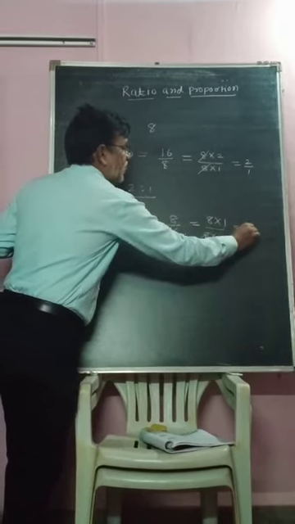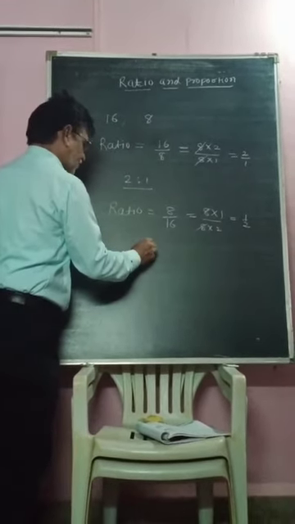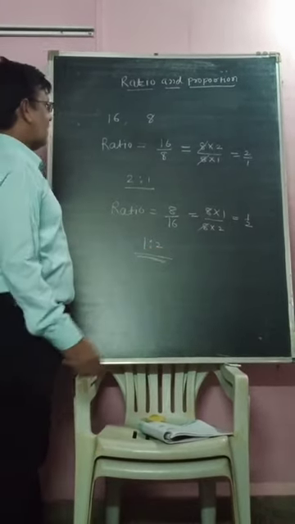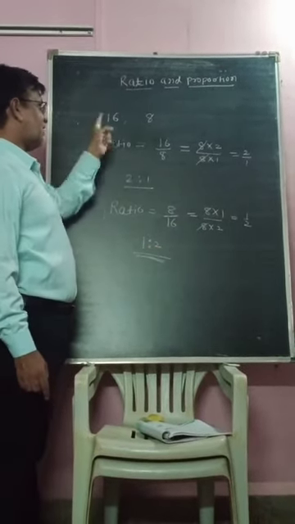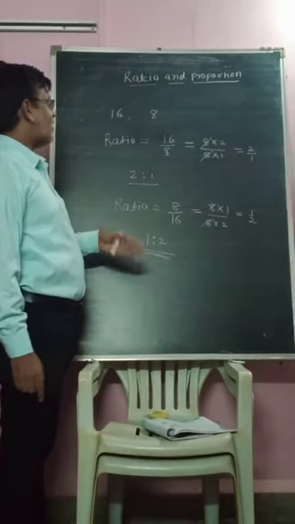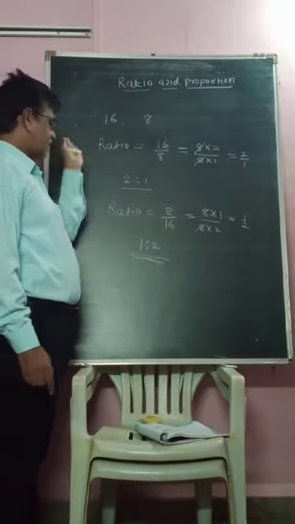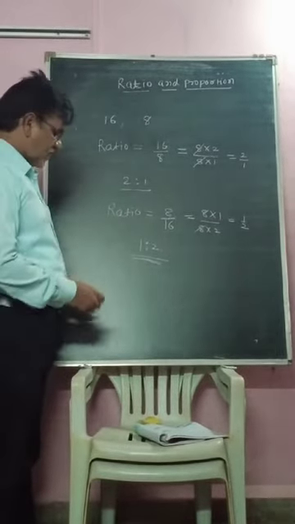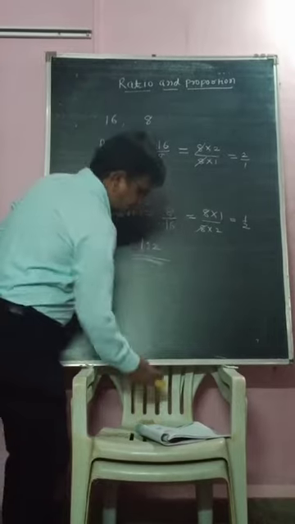It is 1 by 2 and it is written as 1 is to 2. The ratio is 1 is to 2. When we find the ratio of 16 to 8, the ratio is 2 is to 1. And when we find the ratio of 8 to 16, it is 1 is to 2. In this way, you can find the ratio of any two quantities.